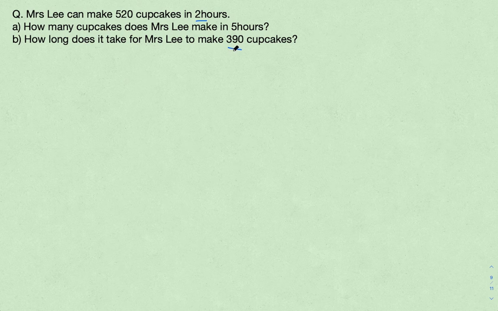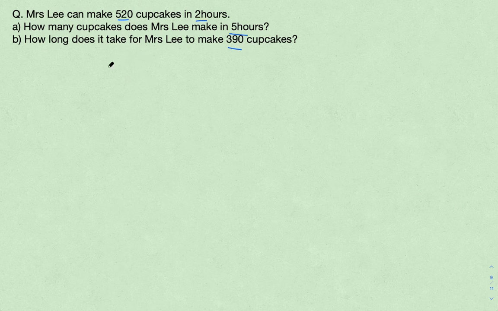So what we are given here is that Mrs. Lee is able to make 520 cupcakes in 2 hours, and the first thing we need to find out is how many cupcakes she will be able to make in 5 hours. For this, first we need to find out the rate at which Mrs. Lee is making the cupcakes.